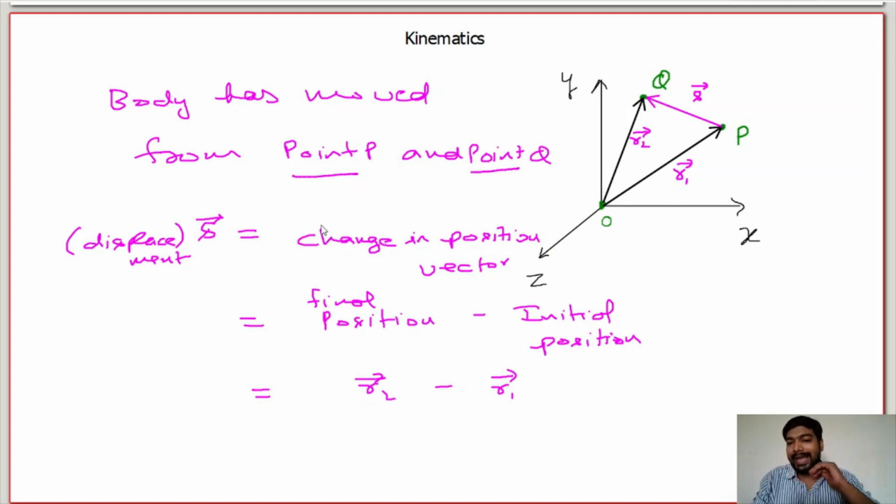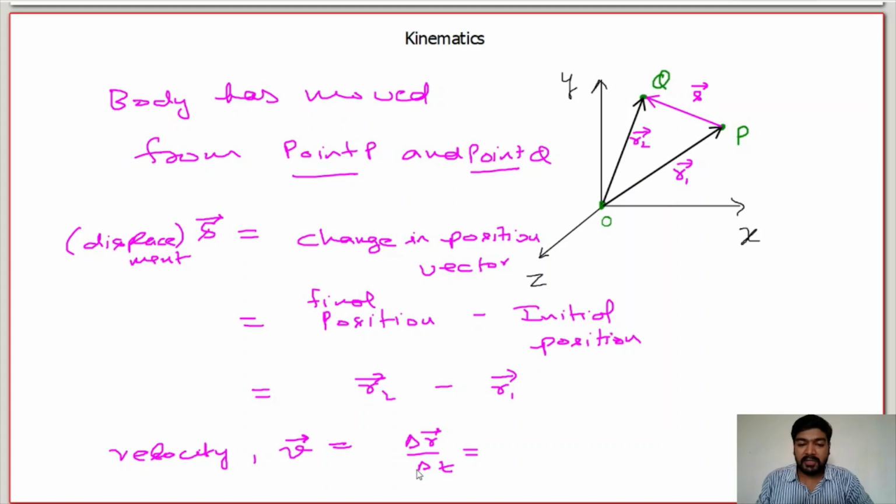The body has covered some displacement in some time, that means it also has some velocity. And what is the velocity? We all know, velocity is the rate of change in position of a body with respect to time. That means delta r vector upon delta t. Delta r is the change in position vector.